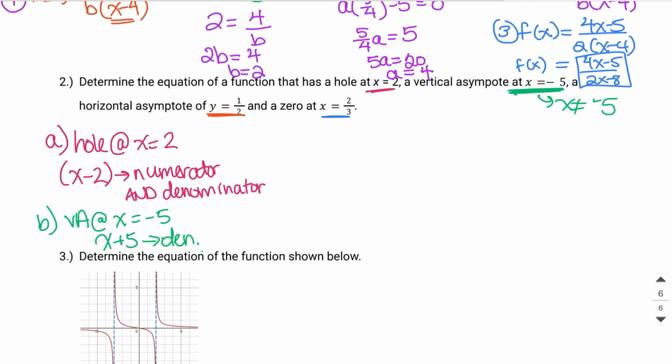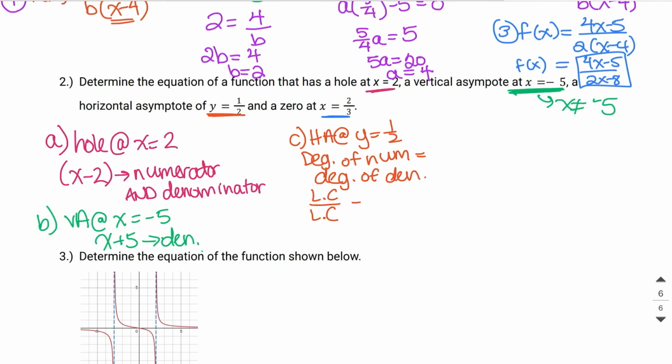We are also told that we have a horizontal asymptote of 1/2. So what information does this tell us? It tells us that the degree of the numerator is equal to the degree of the denominator. And we also know that the leading coefficient of the numerator divided by the leading coefficient of the denominator is going to be 1/2.